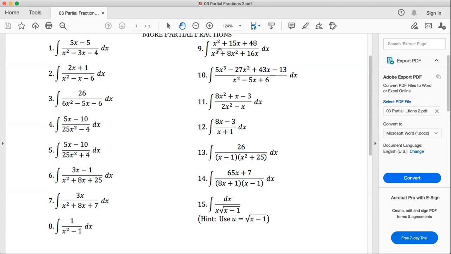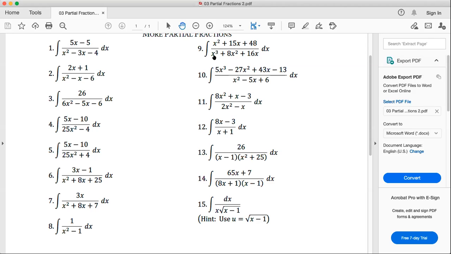Polynomials are things like these, where all of the powers of x are either 0 or positive integers, like x to the 2, x to the 3, x to the 1, x to the 0. So you have a polynomial over a polynomial. And then partial fractions only will work when the degree of the top is smaller than the degree of the bottom, or at least that's the only time it works directly. Like the degree on number 9 on the top is 2, the degree on the bottom is 3, so we can use partial fractions based on that.